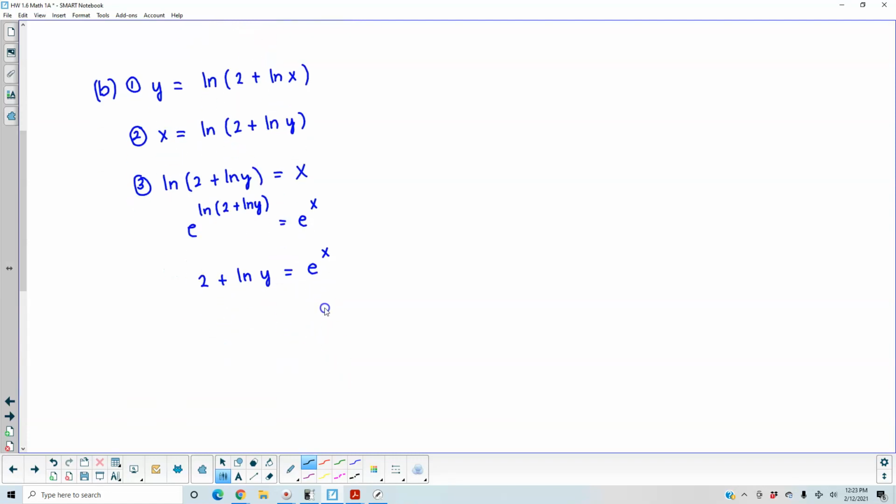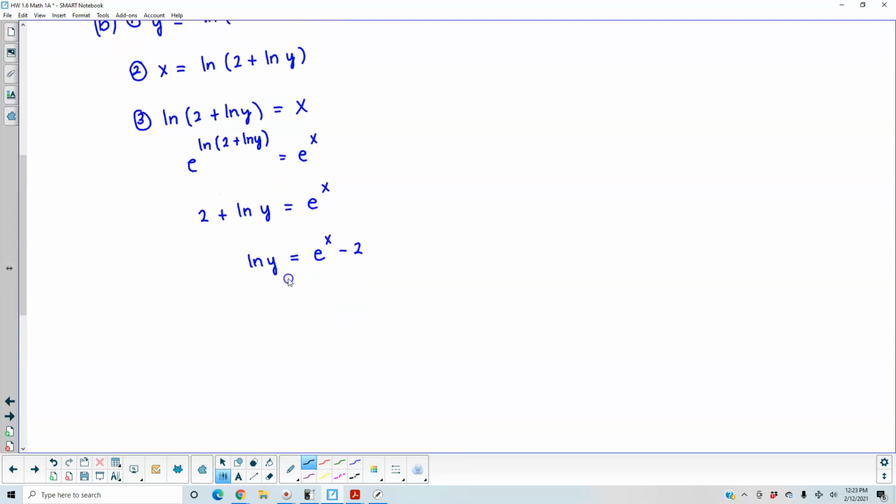And now solving for y, we can subtract 2 from both sides. So we have the natural log of y, which is equal to e to the x minus 2. Okay, so again, we want to solve for y, so we're going to exponentiate again. So it's going to be e to the natural log of y, which is equal to e to the power of e to the x minus 2.